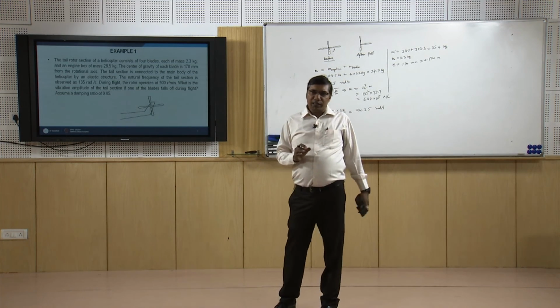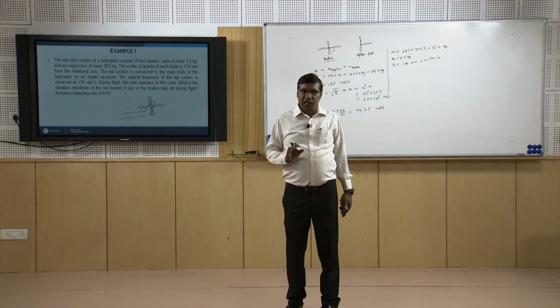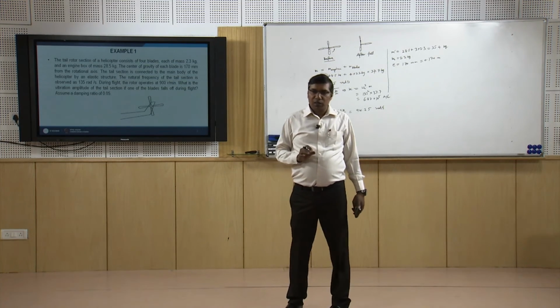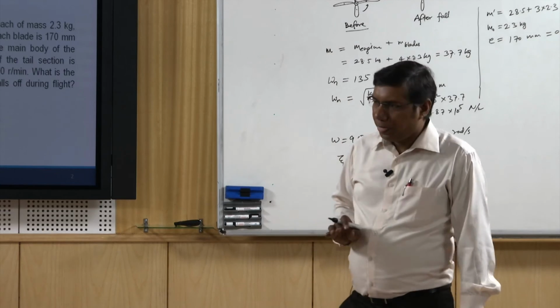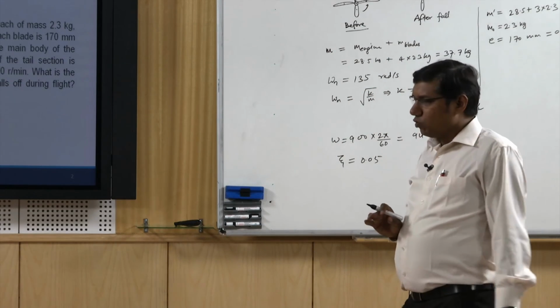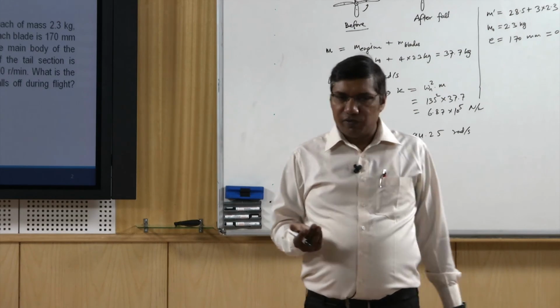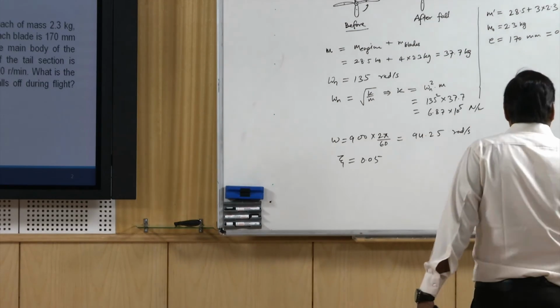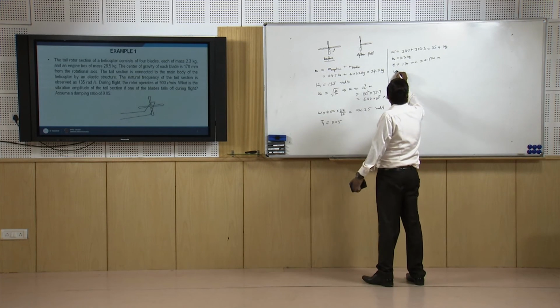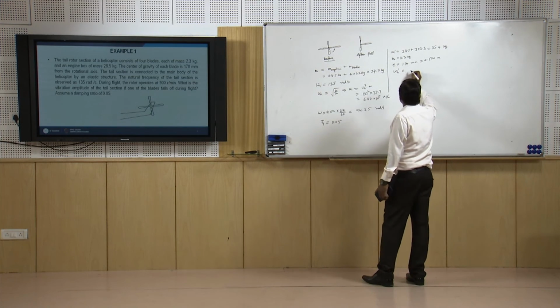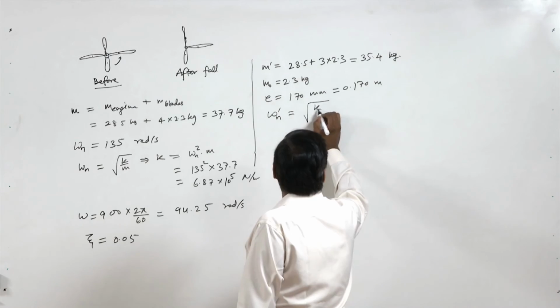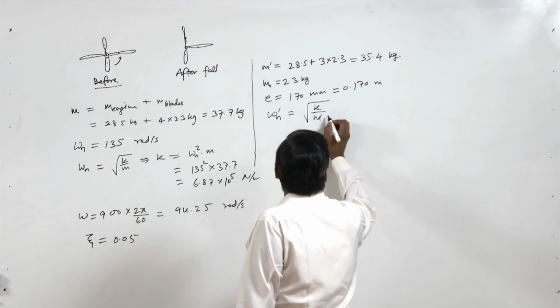Here we assume that the stiffness is not changed after the falling of the blade, so we assume stiffness to be constant, but because mass is changed, the natural frequency will change. So the natural frequency omega n now will be root k by m dash.